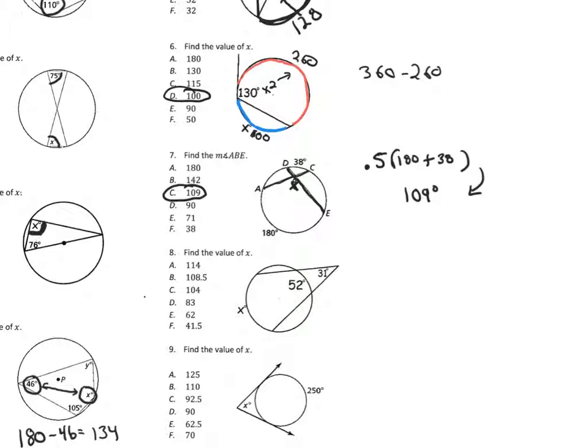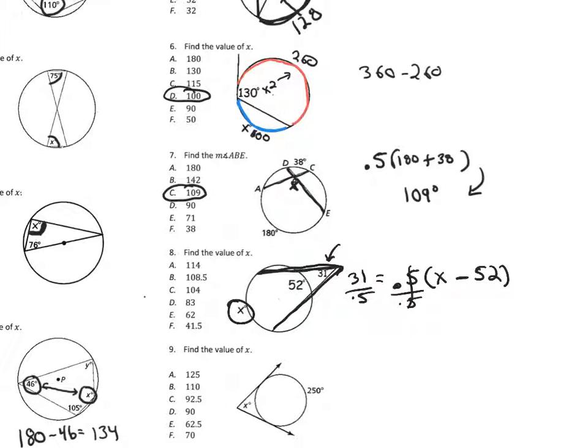All right, this one's a little trickier. We're going to use that same formula, the 0.5 parenthesis, but when it comes outside of the circle like this, kind of looks like a cone shooting outside, we've got to put a minus sign. And this one actually gives us the x, the value that we're usually looking for. So to set this up, we would do 31 equals 0.5 times x, because we don't know what x is, minus 52. To solve this, we want to divide both sides by 0.5. It's going to cross out on the right.